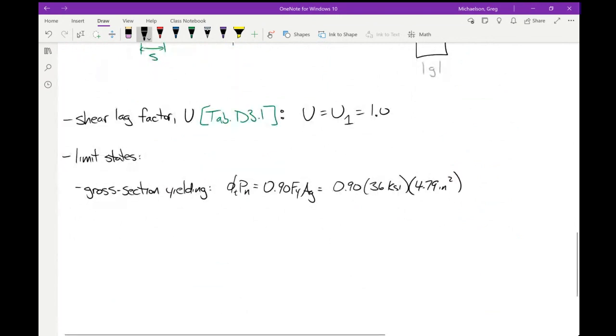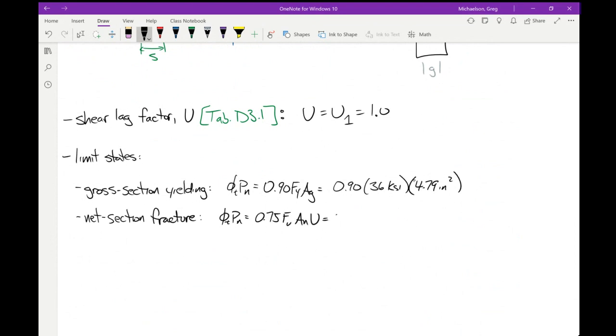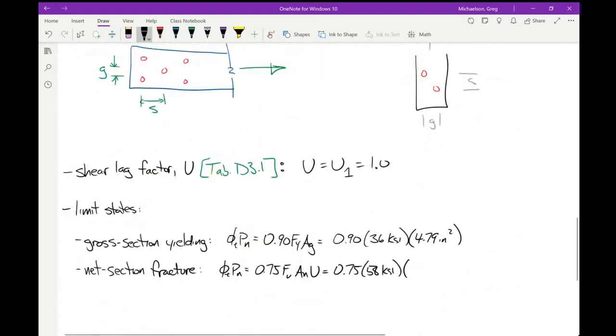And then for net section fracture, and then net area, what was in that area? 3.73 times 1.